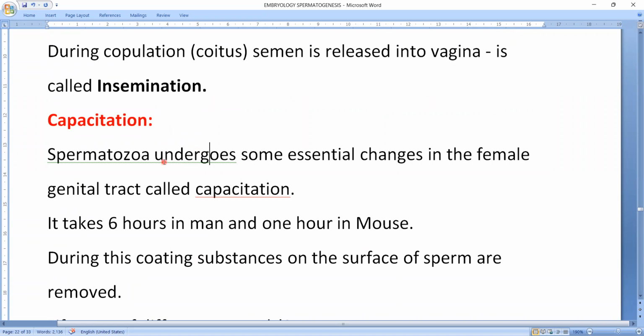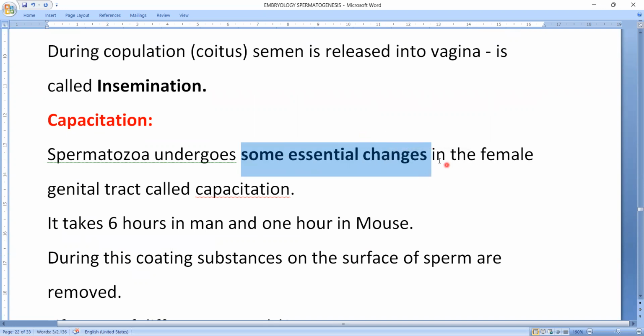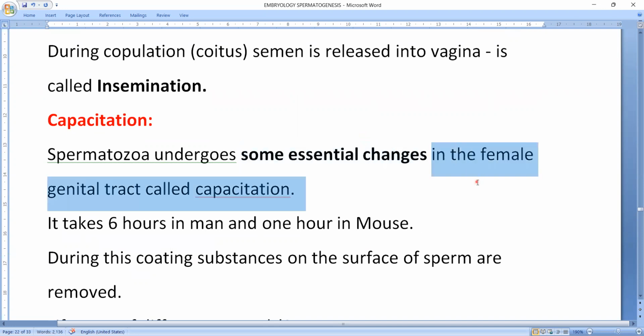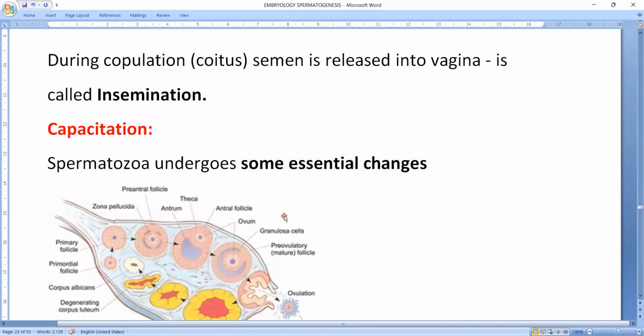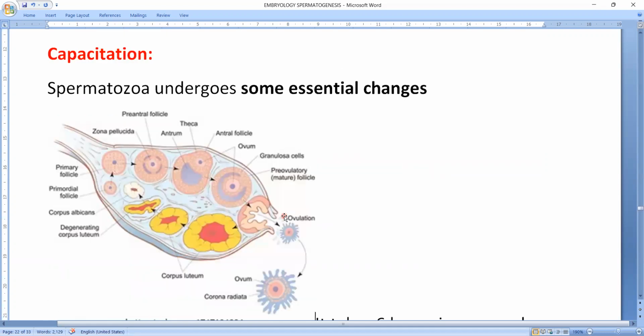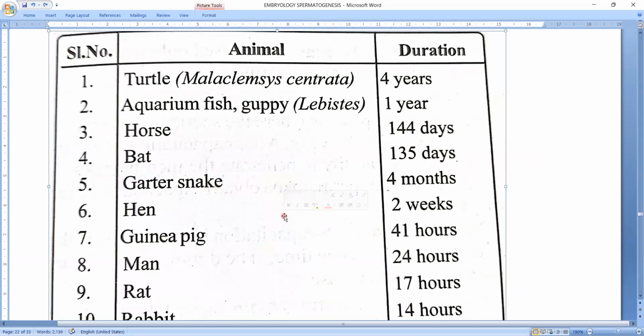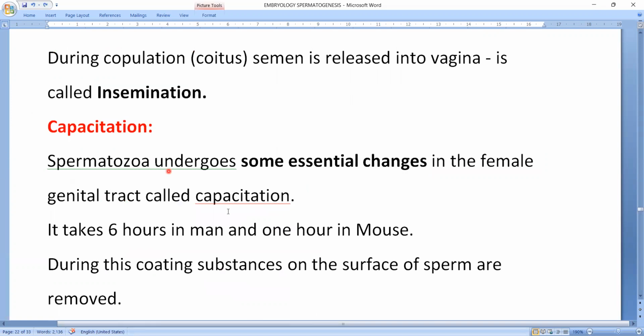So when sperm entered into the female genital tract, okay, spermatozoa undergoes some essential changes in the female genital tract. So those changes are called capacitation of sperm.